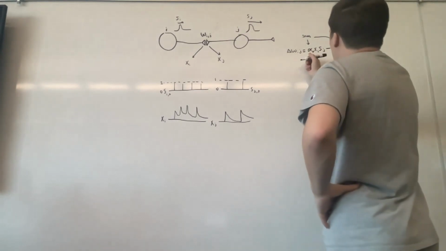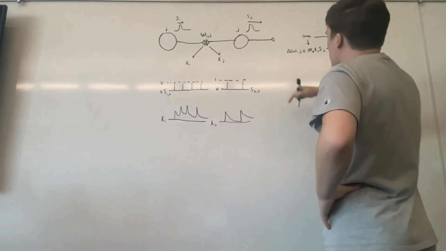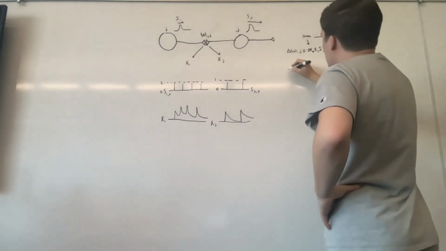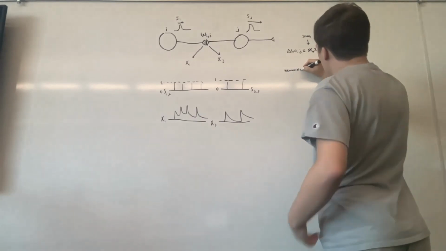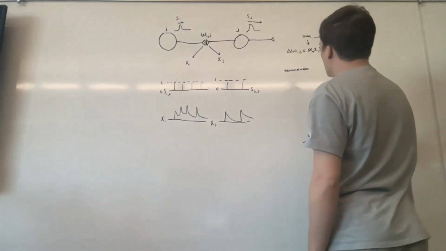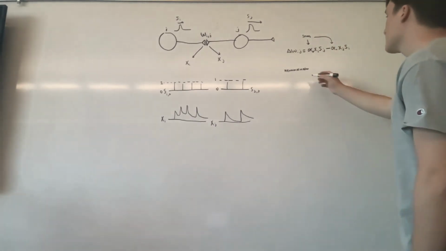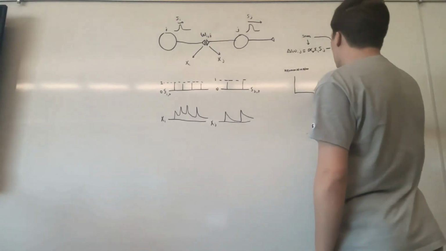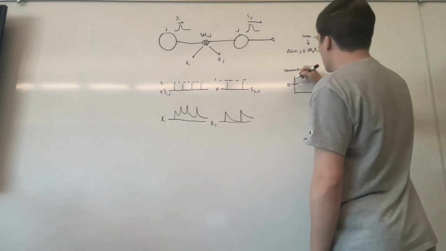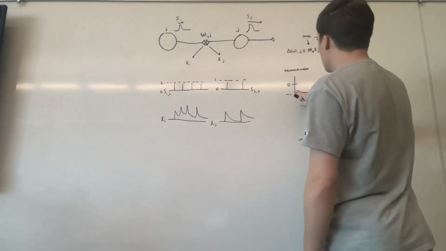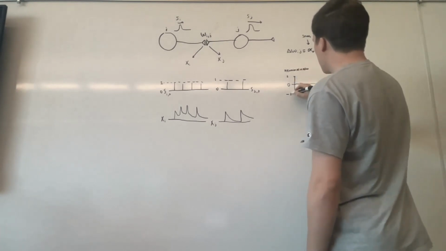So another thing we can do is introduce a new type of signal, and we'll just call this our neuromodulator. So this will be 0, -1, and 1 here.